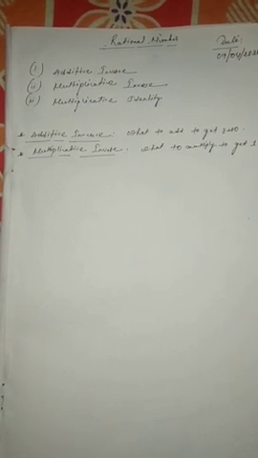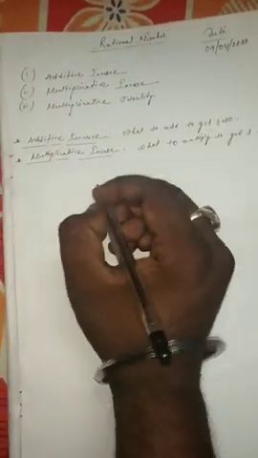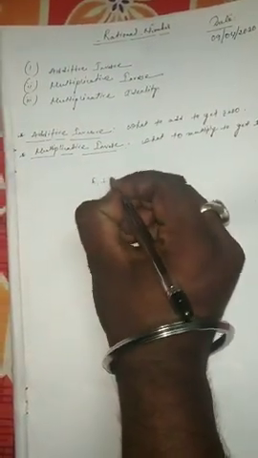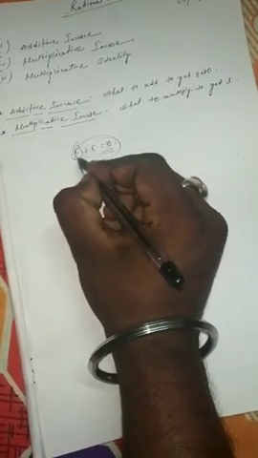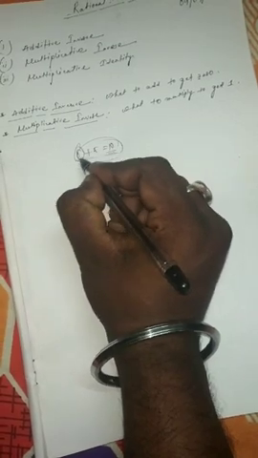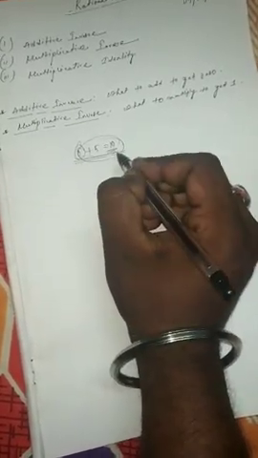For example, if I add 5 plus 5, I'll get 10. In this case, I'm getting a different value which is much bigger. So this is not the additive inverse.